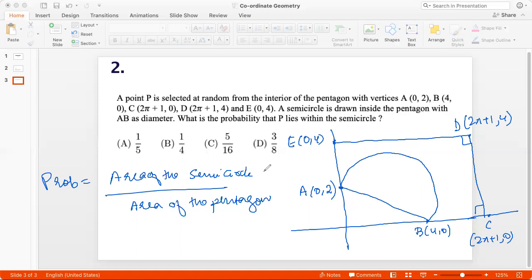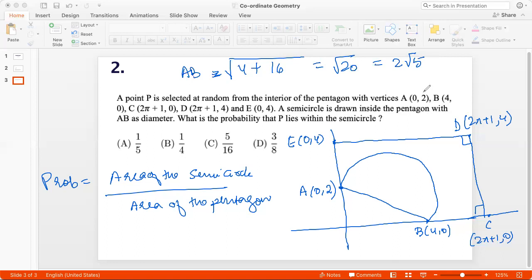So actually this is very simple. What is the distance AB? AB is basically the hypotenuse of a right triangle with sides 2 and 4. So AB would be the square root of 2 squared, which is 4, plus 4 squared, which is 16. So square root of 20, which is 2 root 5.